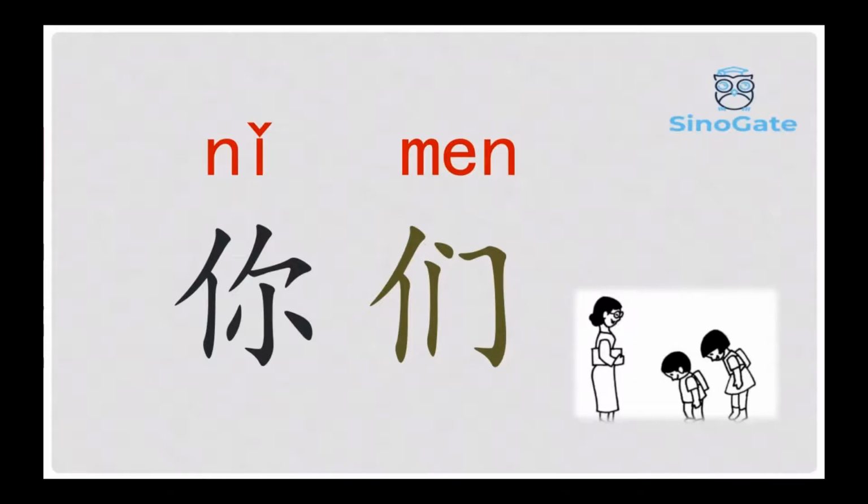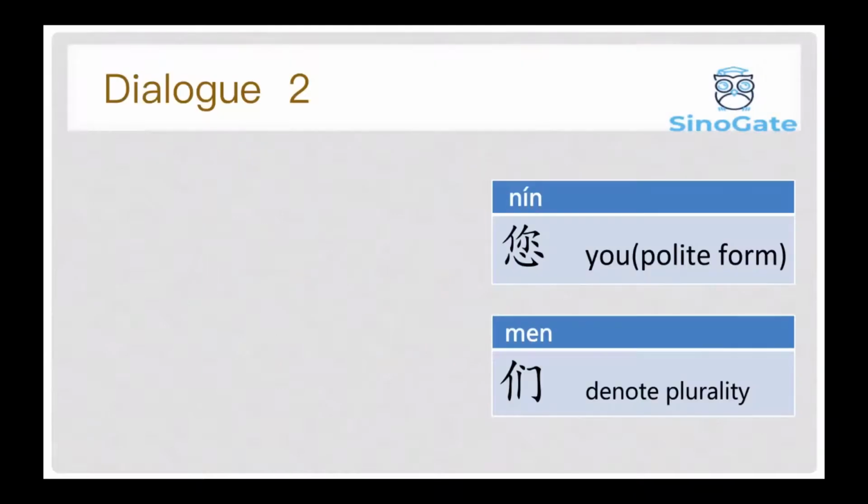你们好. Now let's see our two new words here. First one, 您, the you but the polite form. And second, 们. When there are two or more persons, add 们 after the pronoun.